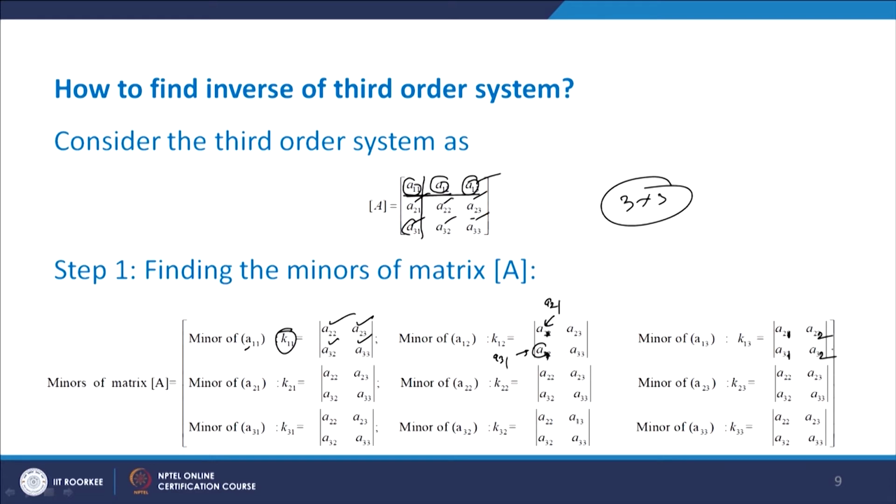Then the principal minor of this particular element: we have to remove that particular row and column. Here this row and this column have been removed, so what we get is the elements A12, A13, A32 and A33. Similarly, the principal minor of A22. A22 means particularly this row and this column.